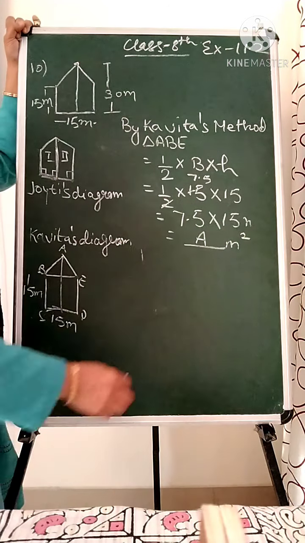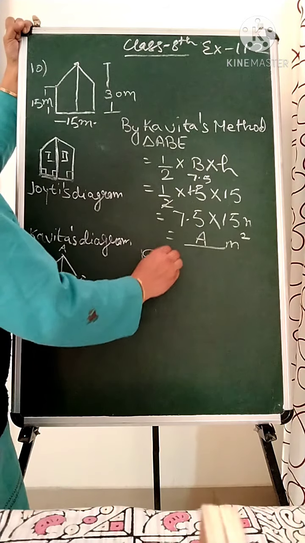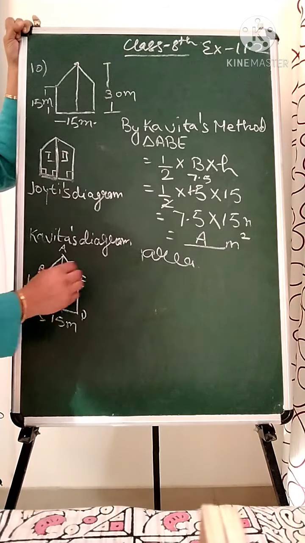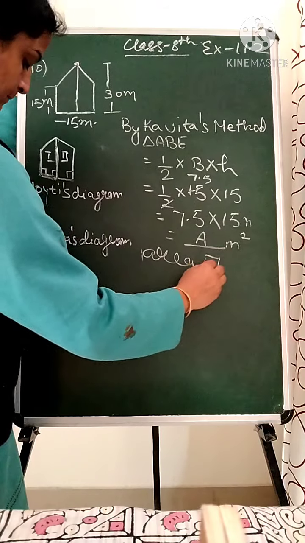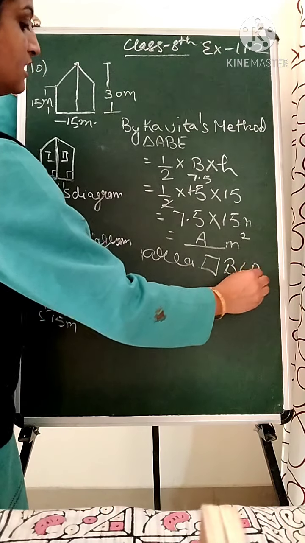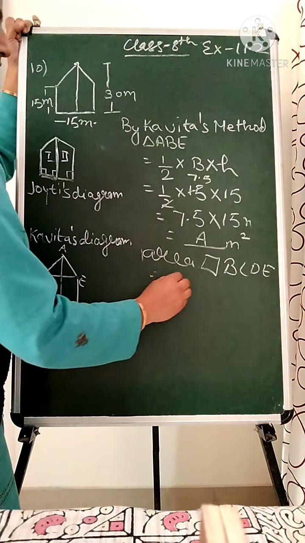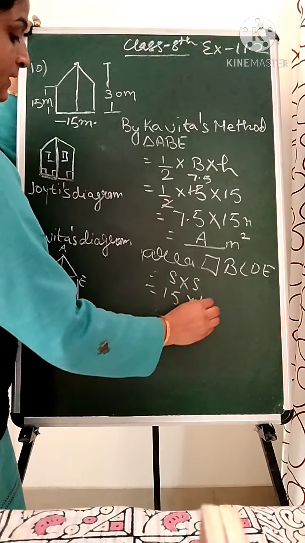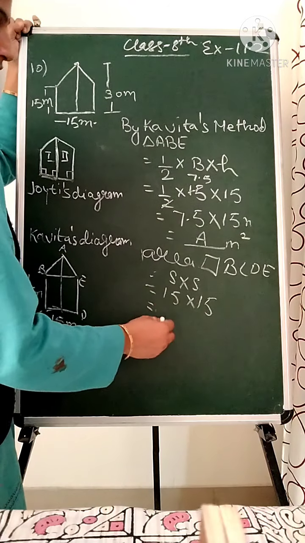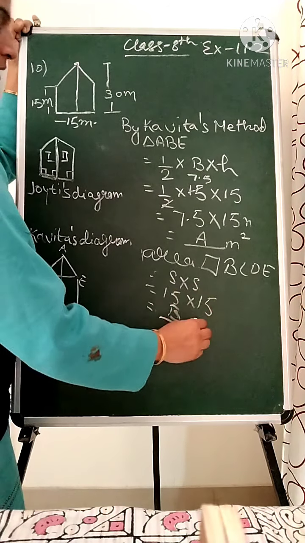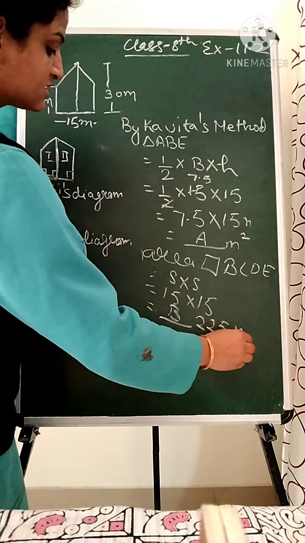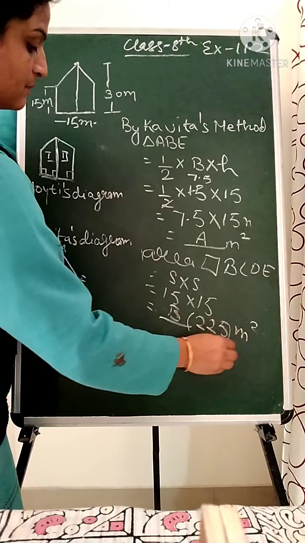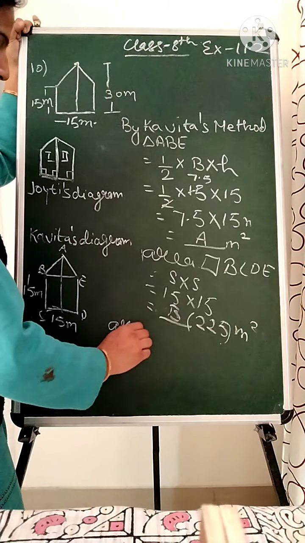Now, area of the square figure BCDE is side into side. So 15 into 15, the answer is maybe 225 meter square. Let us suppose this is B, and after that add it.